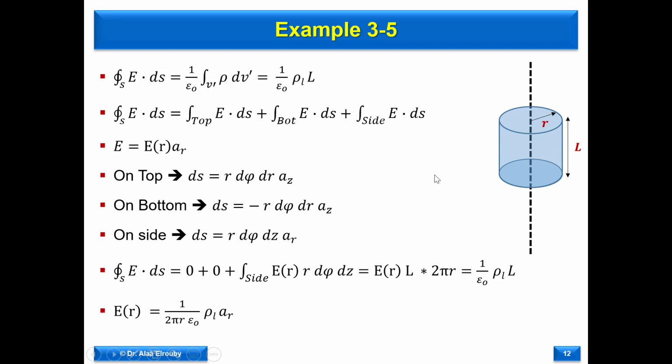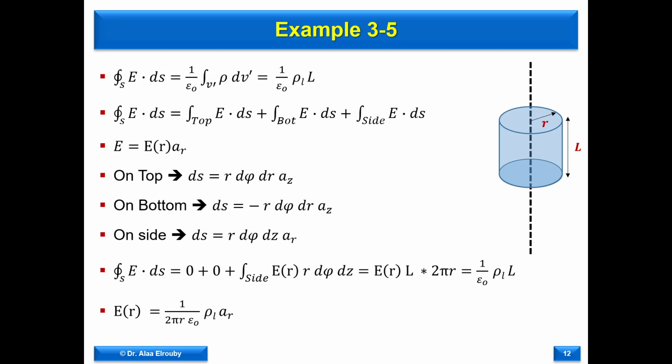As we just discussed, the electric field depends only on R, and it should be in the AR direction. On the top, ds equals R d phi dr multiplied by Az. You must be able to write this expression quickly and correctly.